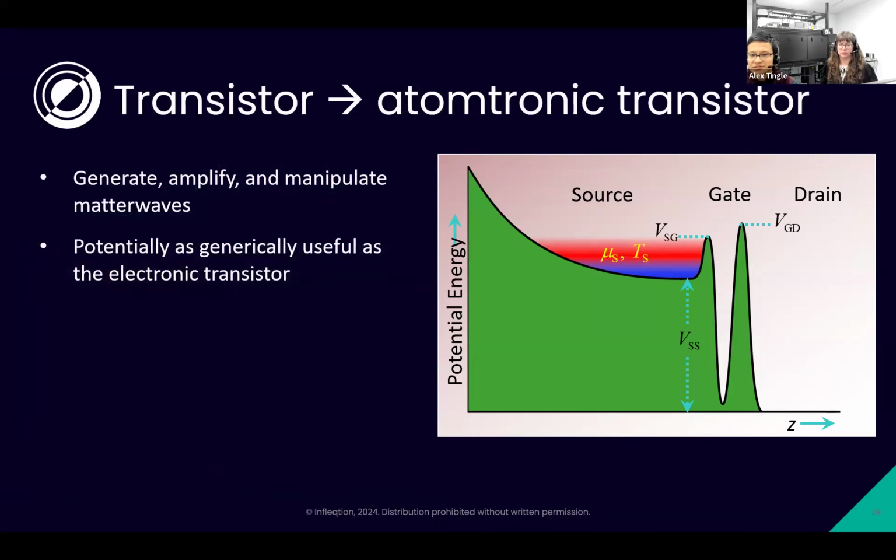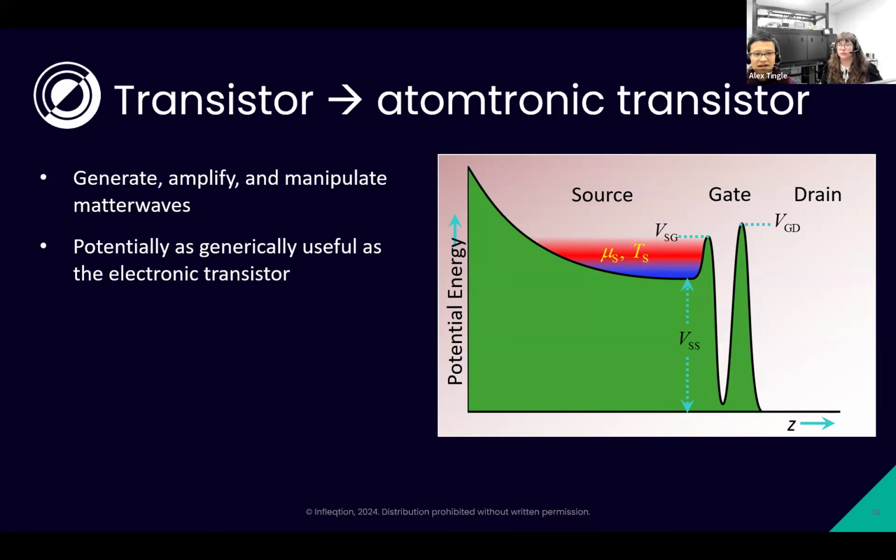This atomic transistor could be used to generate, amplify, and otherwise control or manipulate not electromagnetic waves, but matter waves, which is just like the functionality of the classic electronic transistor. Therefore, it could potentially be as generically useful as the electronic transistor, benefiting from quantum coherence.